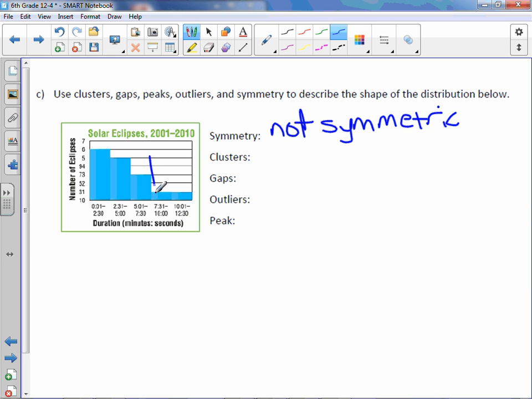Honestly, I can see a cluster in this area. So I would say the cluster is between, looks like minutes and seconds, 0 minutes 1 second to 7 minutes 30 seconds. And this is minutes.